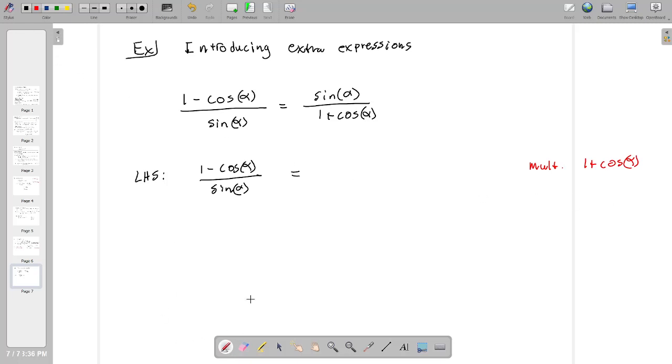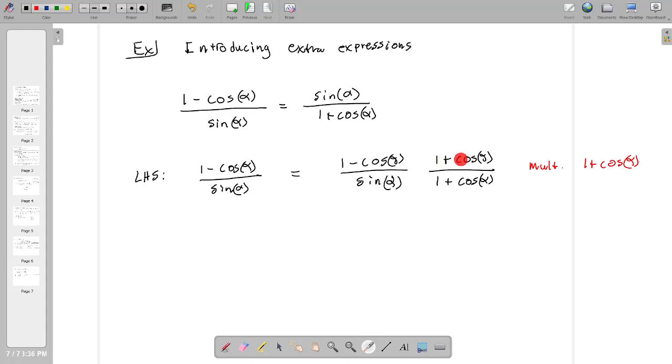Now when I multiply top and bottom by this expression, I'm actually not changing the problem. Why am I not changing the problem? It seems like I'm changing the problem. I'm multiplying top and bottom by something. When I say changing the problem, I mean, why is this not changing the value of the problem? It's only changing the form. Well, if you remember, 1 is the multiplicative identity.